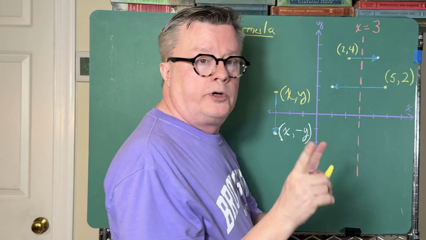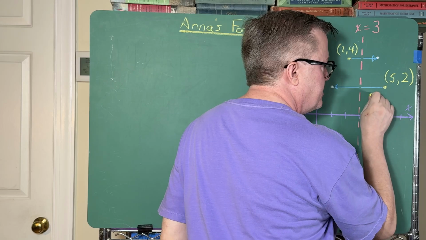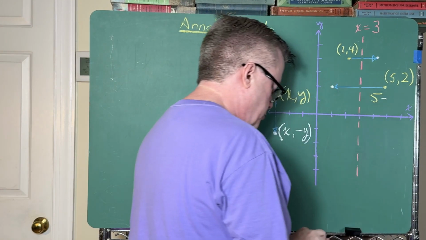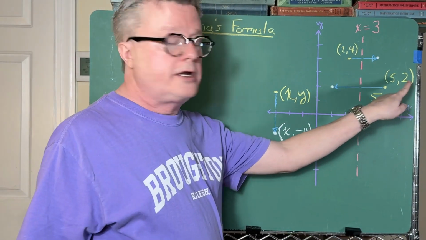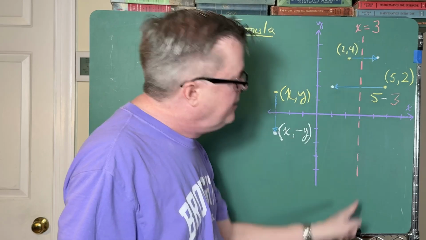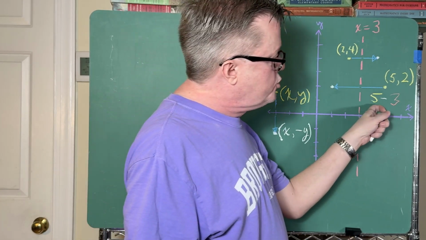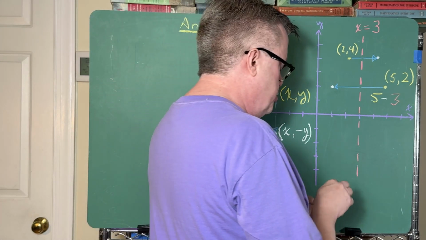What we can do, again, we're not worried about the y-coordinate, we're only looking at the x. I can take this 5, and then I can subtract 3. 5 is the x-coordinate of the point, 3 is the value of the line at x equals 3. If I subtract 5 minus 3, I get 2.